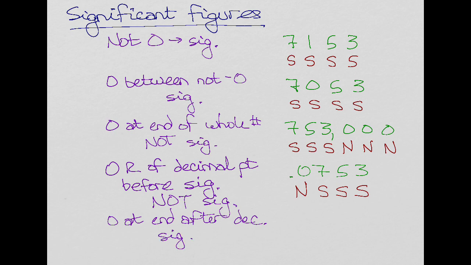For example, if I say 0.075300, that zero at the front is still not significant because it came before anything that wasn't zero. The 7, the 5, and the 3 automatically are because they're not zero.